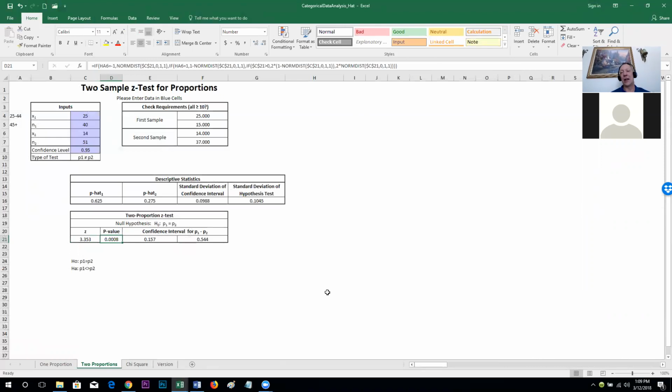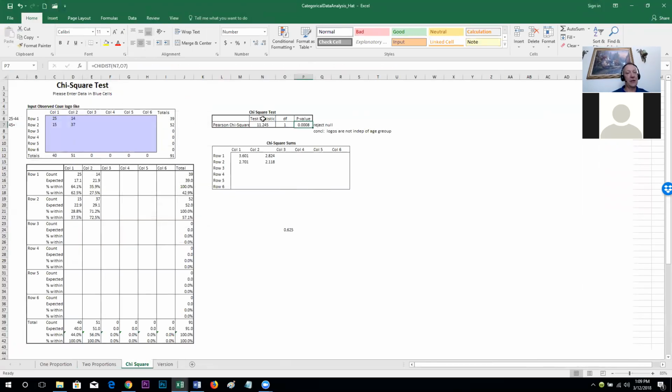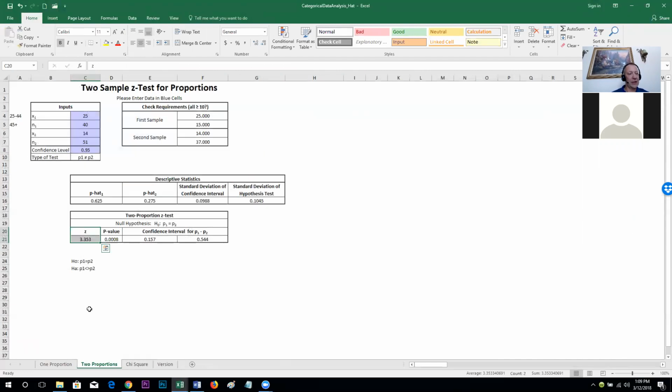So they are related. Isn't the z-score also the test statistic too? Well, the test statistic for the z is 3.53. The test statistic for the chi-square is 11.25. And in fact, if I take 3.53 and square it, I get 11.25.